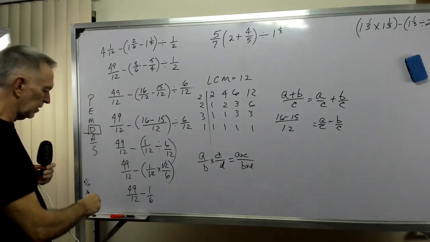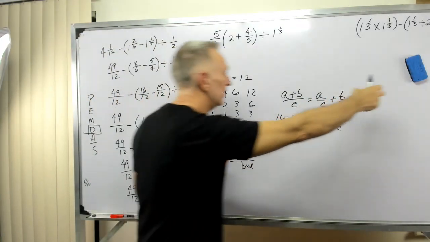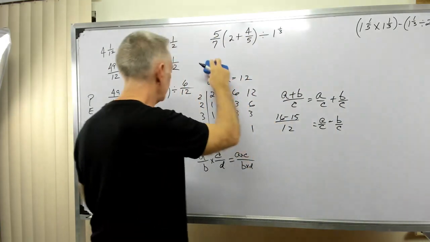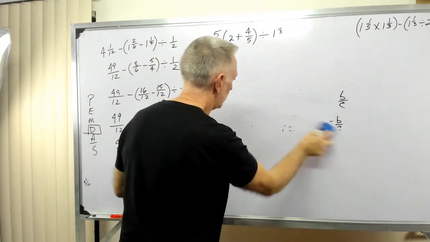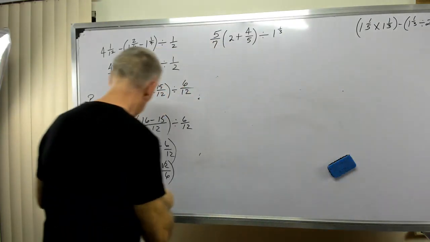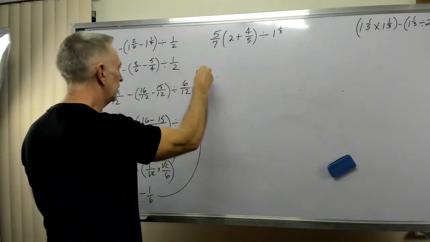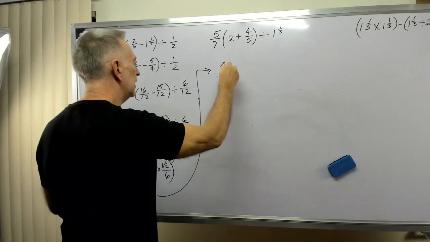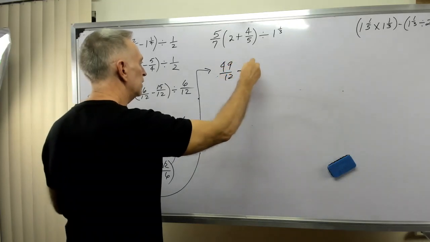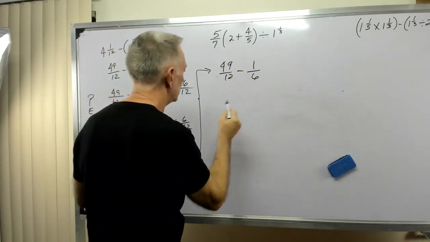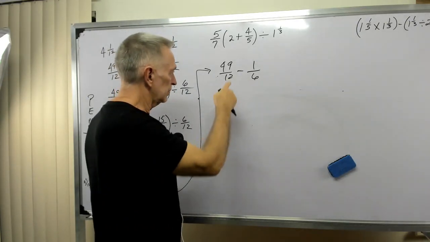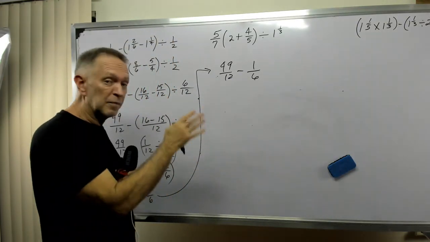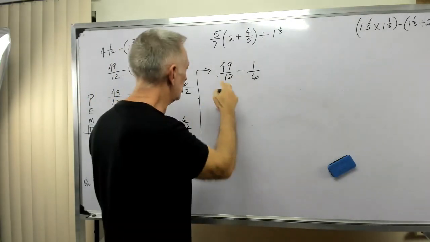Well, here we are again. We have apples and oranges. I'm going to move it up here where we can see it. So I have 49 over 12 minus 1 over 6. Well, my common denominator, obviously 6. We could do the least common multiple again, but 6 goes into 12.